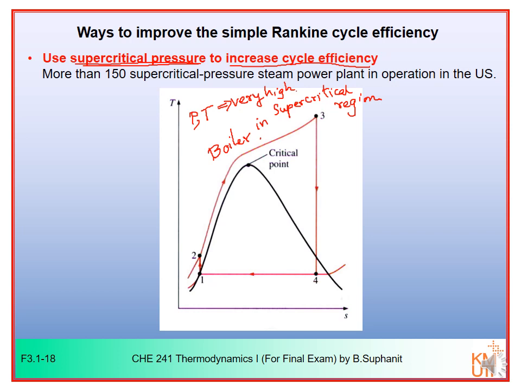So your supercritical fluid will go over your phase boundary, go over the steam dome. In this kind of supercritical cycle, the efficiency would be very high, but the investment would be very high as well.